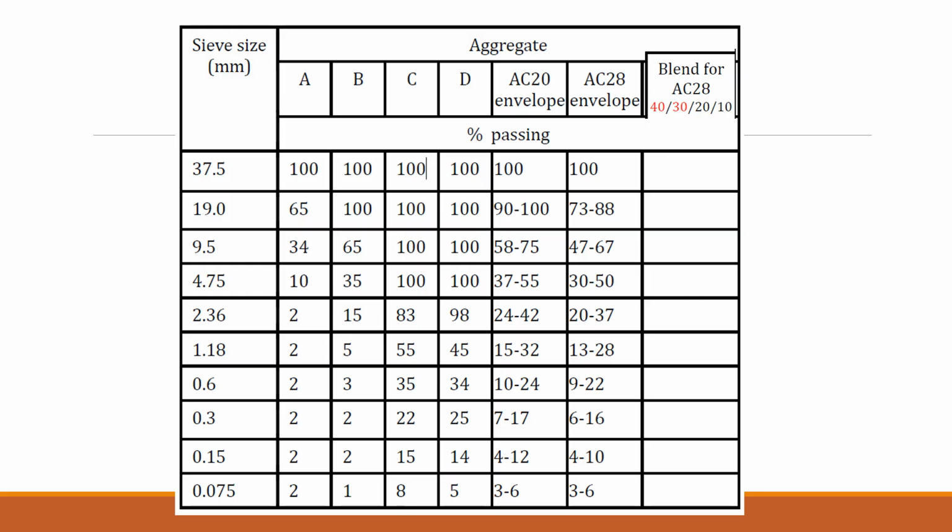If you want to increase a little bit, maybe 5%. If you want to increase a bit more, then 10%. You don't have to use all 4. You can do it with 3 as well. It's just a trial. As long as you get something within the envelope, that should be fine. You can do it maybe with 3 or 2, blending 2 together as well.